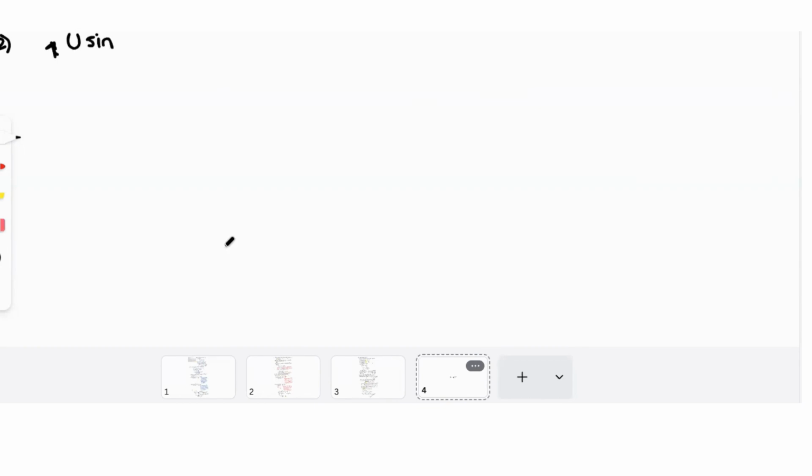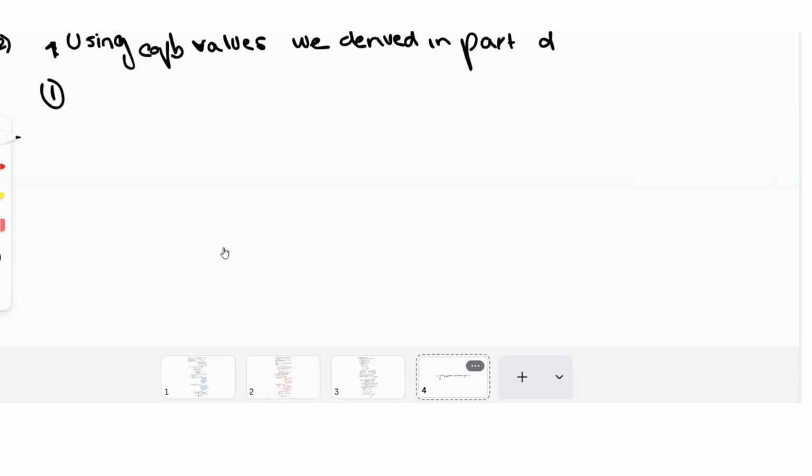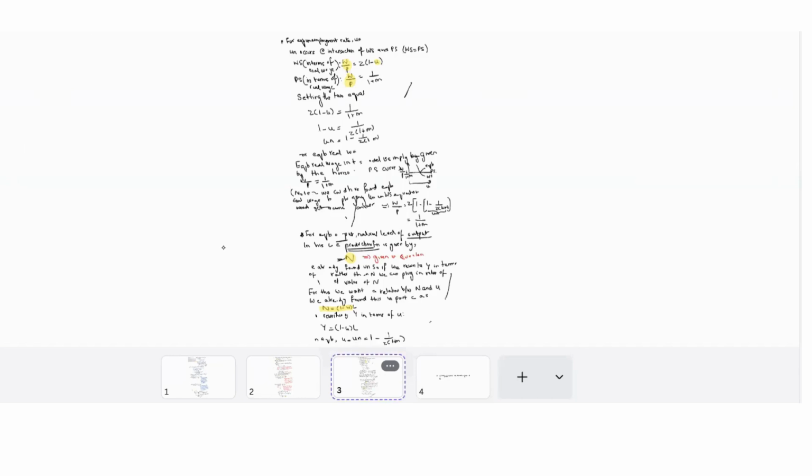So now, using the equilibrium values we derived in part D. Let's zoom in a bit.